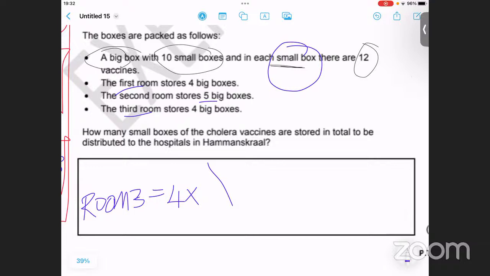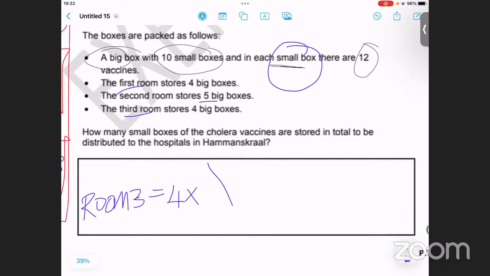For the second room, there are 5 boxes, and for each box there would be 10, so it's 50. For the third room, there are 4 big boxes and each has 10 small boxes, so it's 40. Then I added them all together, 40 plus 50 plus 40, and I got my answer of 130. Okay, that's good.